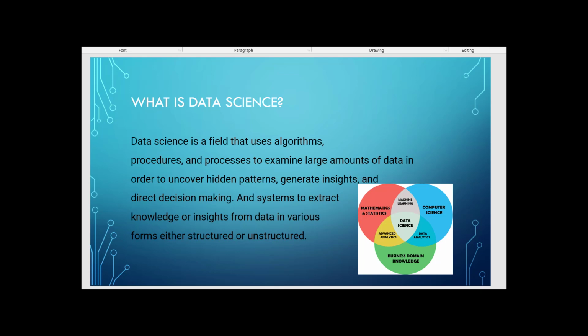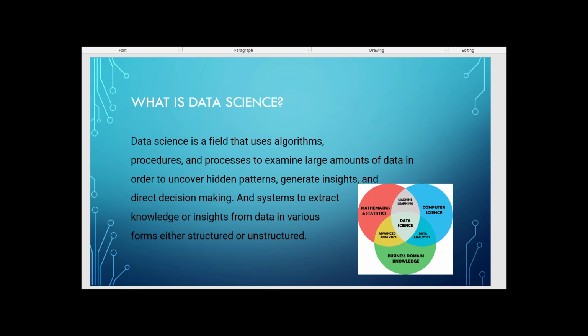We can perform this on a small amount of data or a huge amount of data. Data science is also called the sexiest job of the 21st century. So if you want to switch your career to data science, you should have great knowledge of mathematics, statistics, how to analyze the data, and the business domain as well.